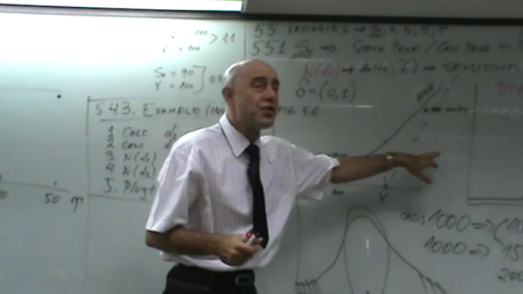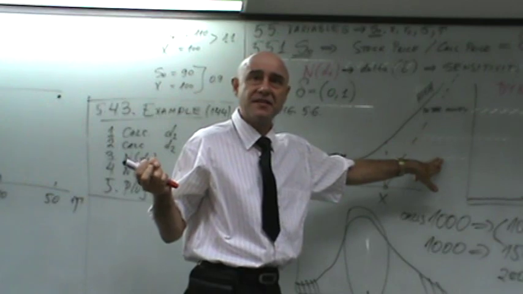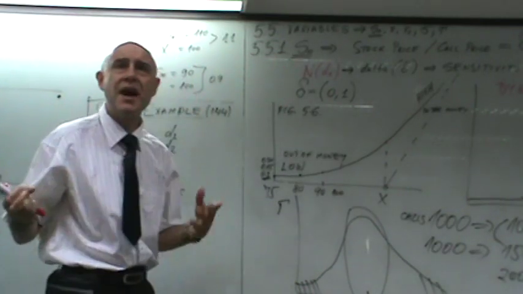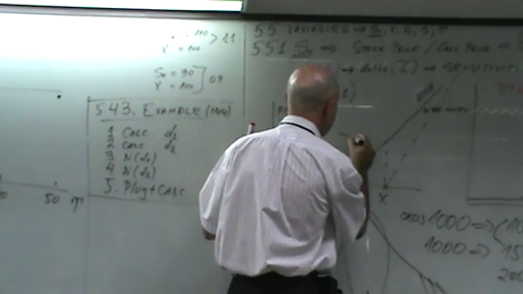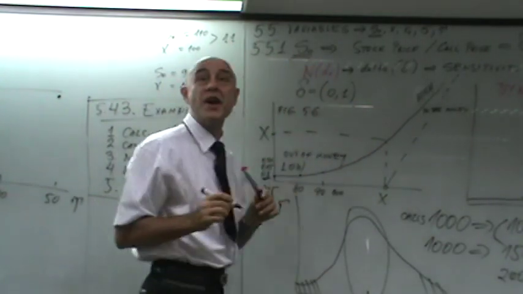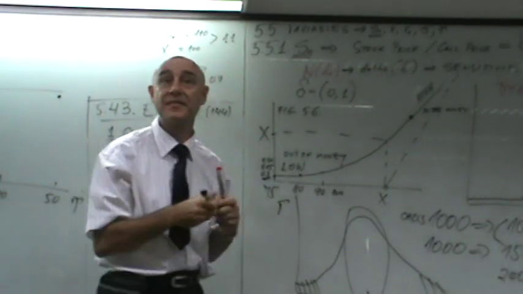So, you're in the money by, let's say, 10%. Ten percent in the money simply means that the strike is 100 and you are at 110.